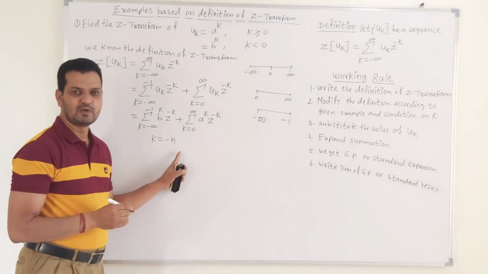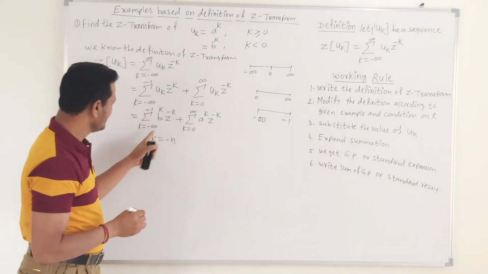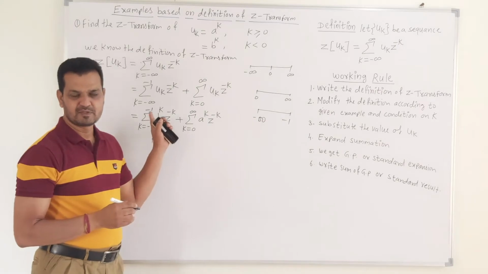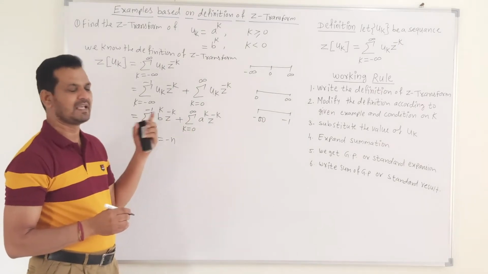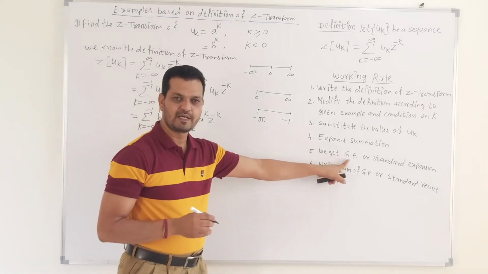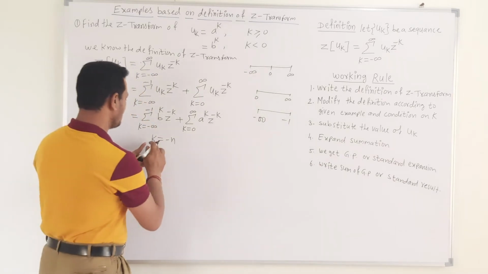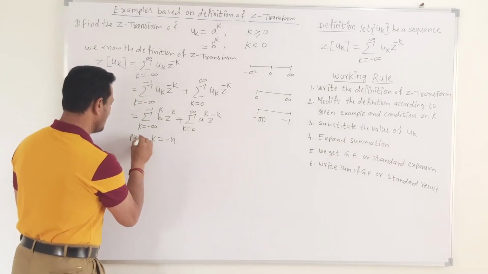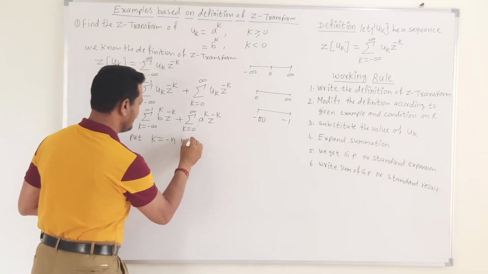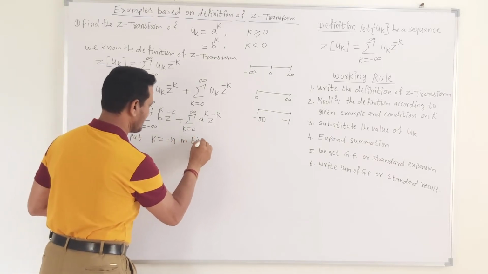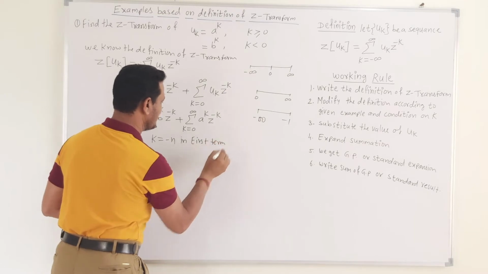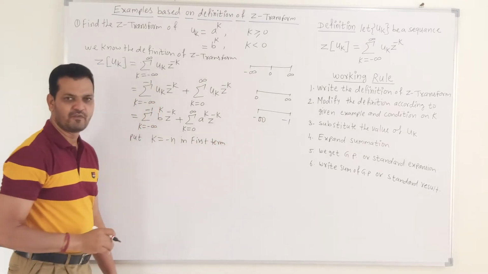So this is the substitution. After putting k equal to minus n, we get the first summation in our standard form, so that we can easily obtain the geometric progression of this first summation term. So put k equal to minus n in the first term.